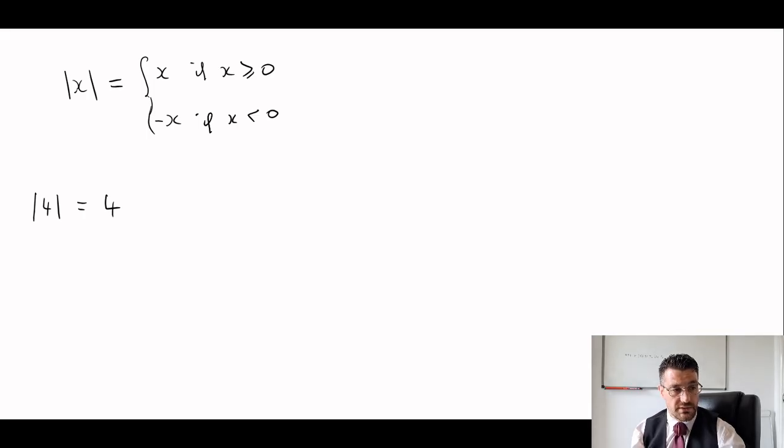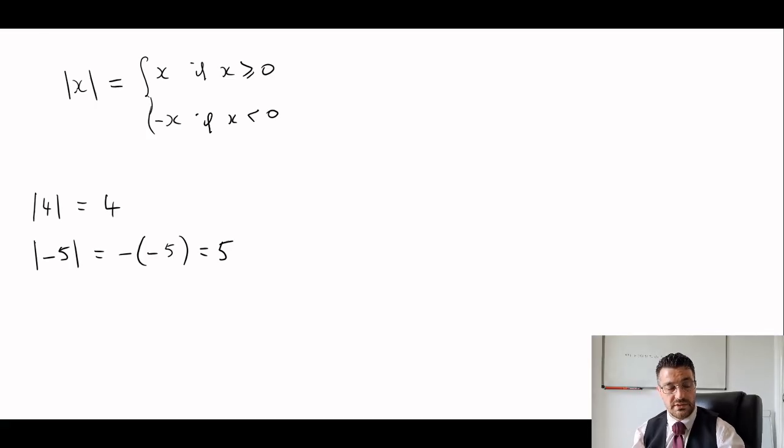And also the modulus of -5, for example. -5 is less than 0, so we're interested in this part of our definition. The modulus of -5 is going to be equal to -(-5), but we know that -(-5) is equal to +5.